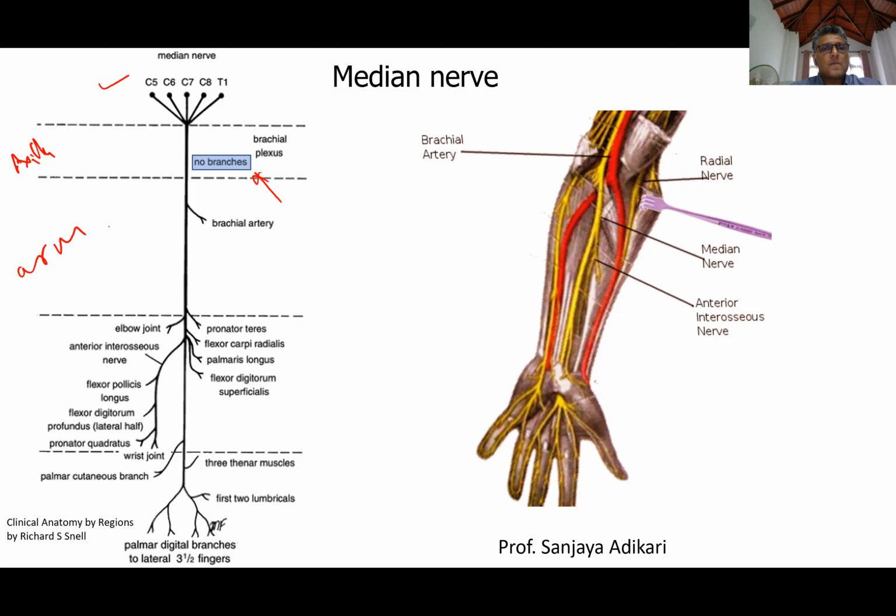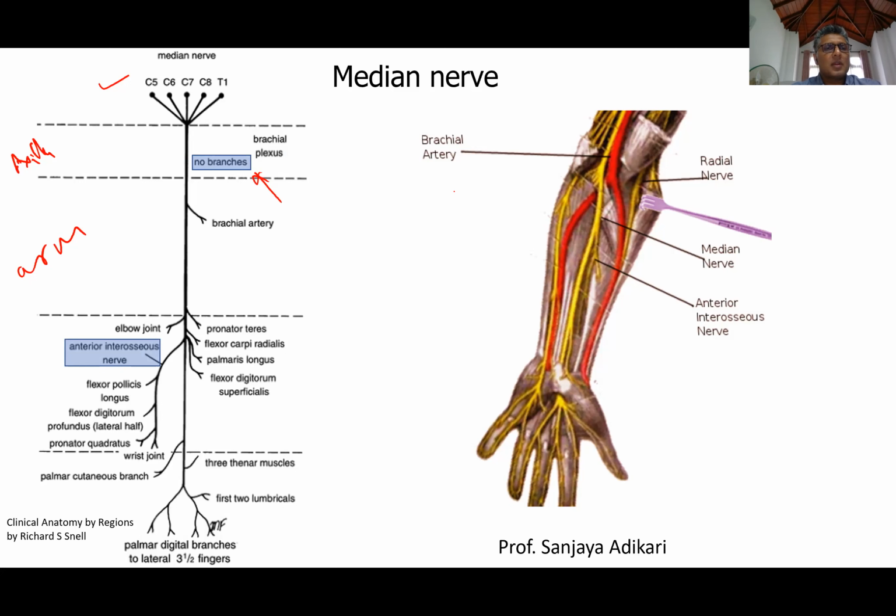The point that I wanted to mention is that it enters the forearm just medial to the brachial artery, and it enters the forearm between the two heads of pronator teres muscle. I'll come back to it.